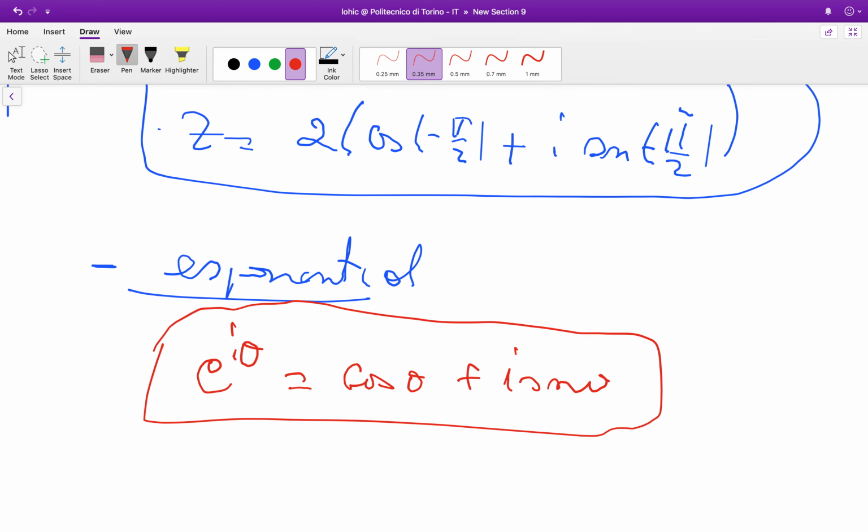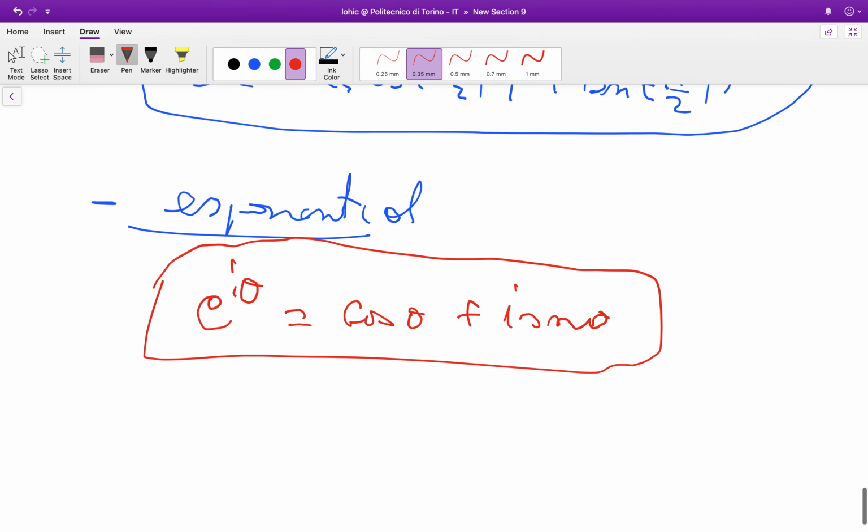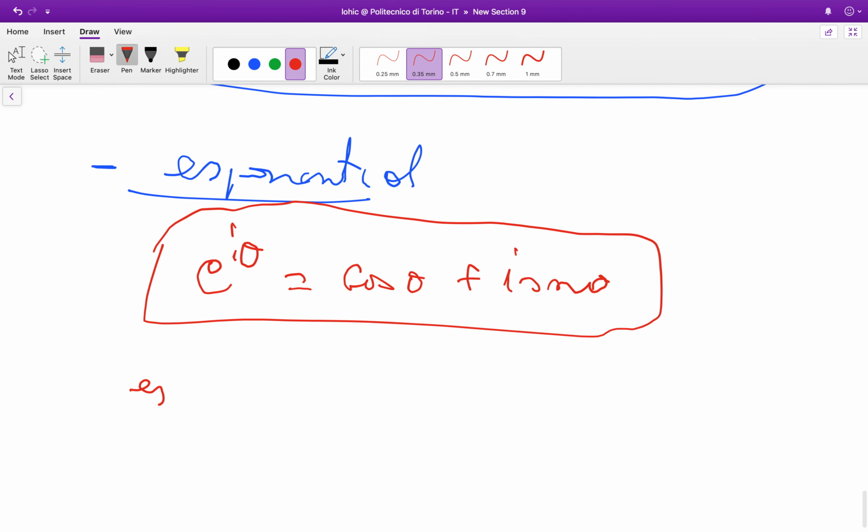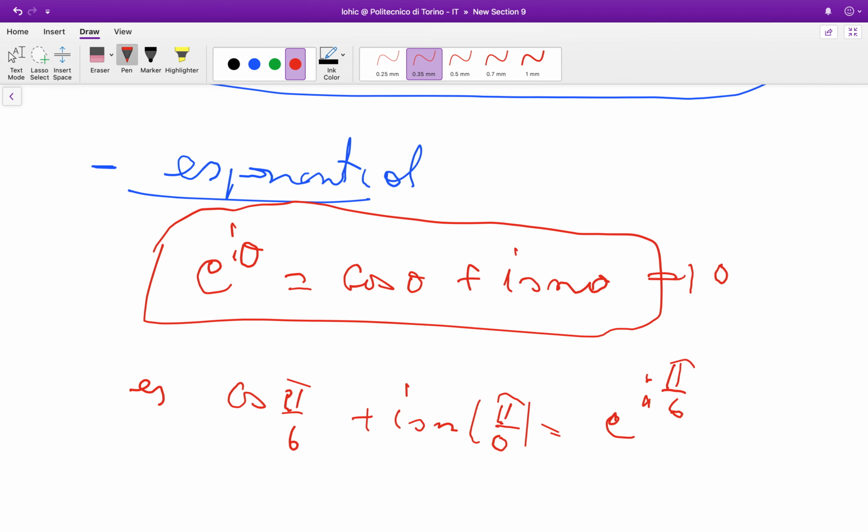So exponential of i times theta is cosine of theta plus i sine of theta. Example, if I have cosine of pi over 6 plus i sine of pi over 6, this can be written like exponential of i times pi over 6. Is that clear? But please, this happens for theta belonging to R, for real angles. Doubts?